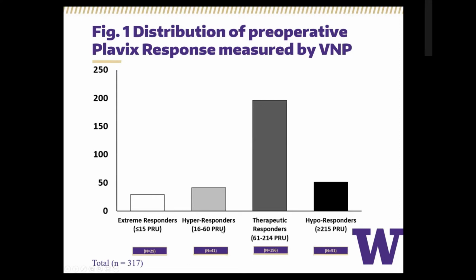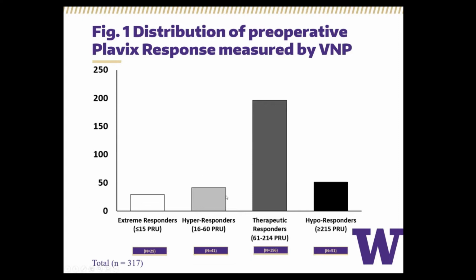And then we have a smaller subset, about 21% in this case, hyper-responders and extreme responders. This is when you have a platelet reactivity unit below 60, and theoretically you're going to have increased risk of hemorrhagic events. So this is any kind of bleeding, whether intracranial or extracranial, like a GI bleed, for example. And what we found when we did our statistics is that in terms of demographics, all of these groups are the same.